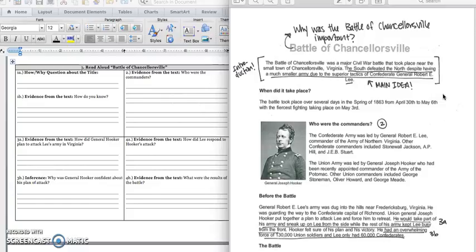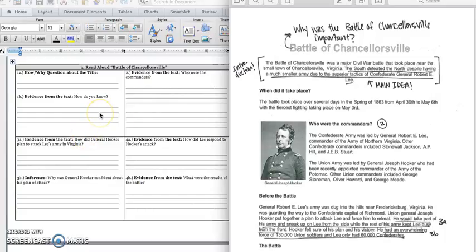All right, and so we know that this battle was important because Robert E. Lee won even though he had a smaller army, but it wasn't just about numbers, he was able to use his men better than the Union general.